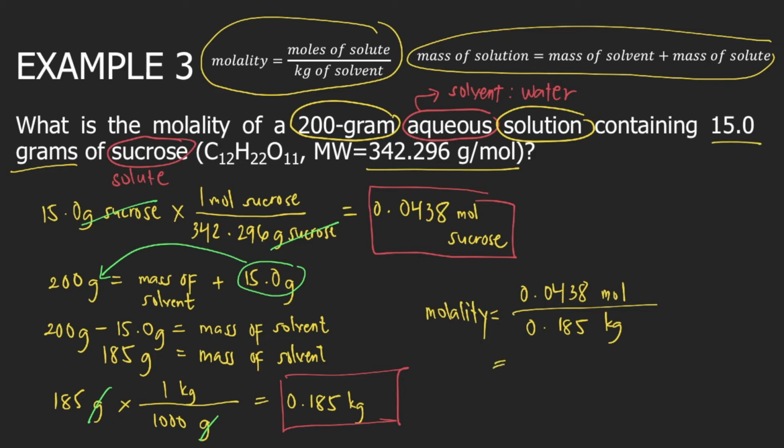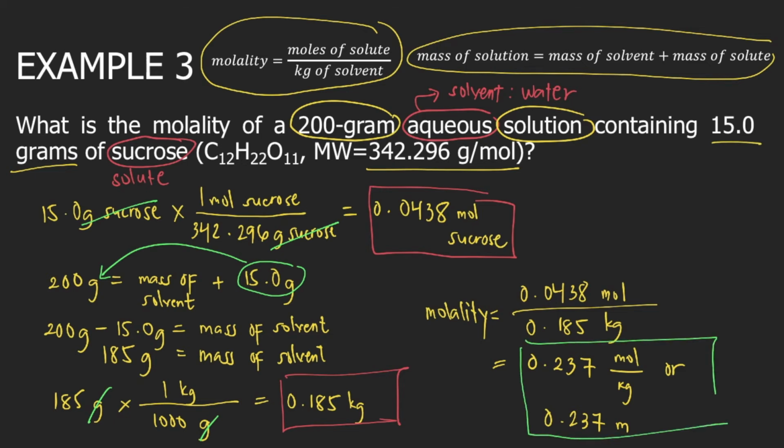And if you solve this in your calculator, this is equal to 0.237 mole per kilogram, or 0.237 molal, small letter m. And this is the answer to question number 3, or example 3.